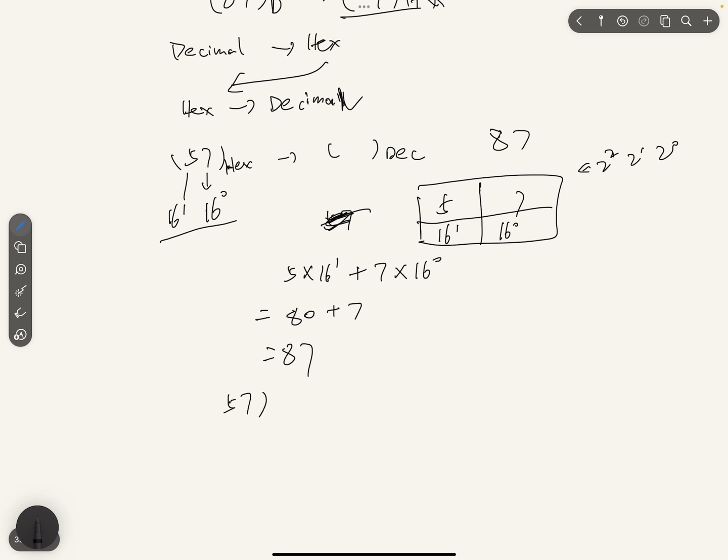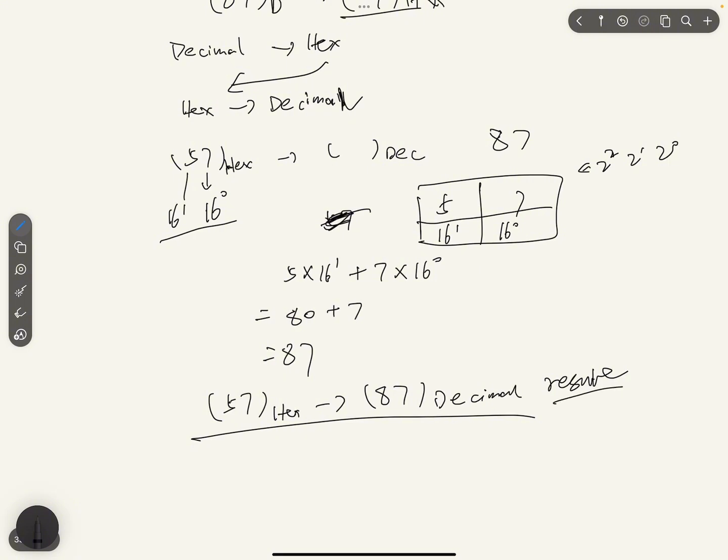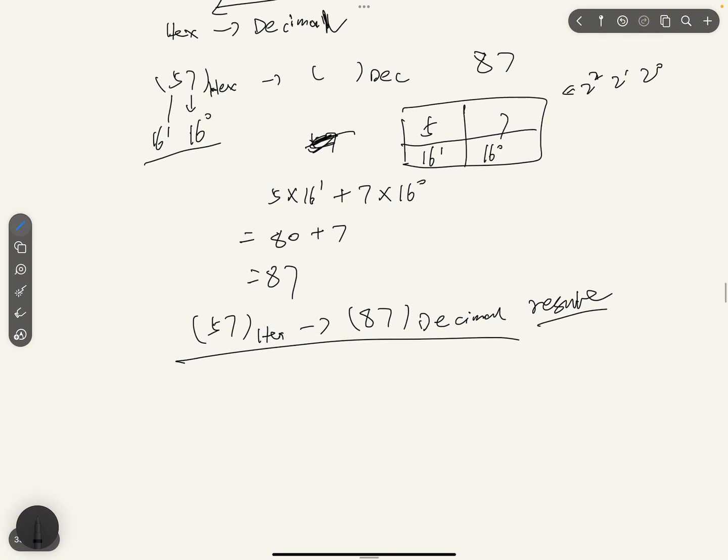So 57 hexadecimal will be 87 in decimal, and that confirms our result. 87 decimal equals 57 in hexadecimal, and 57 in hexadecimal is 87 in decimal.